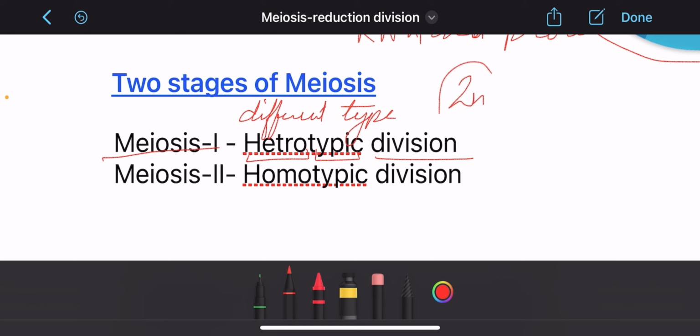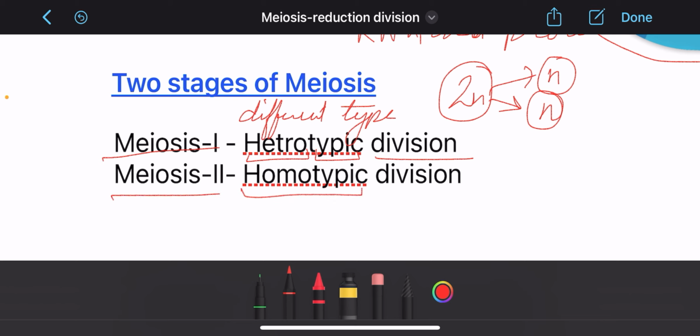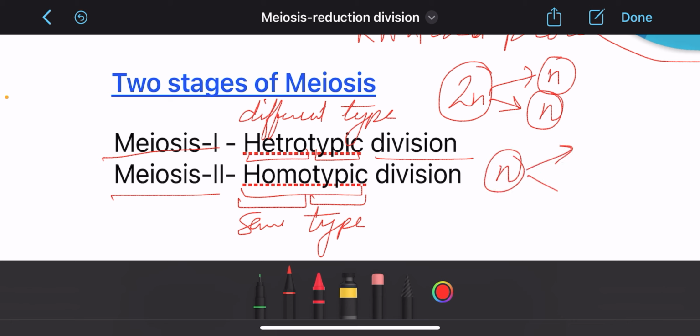That is, the 2n cell, the parent cell, will produce daughter cells with half the number of chromosomes, or a different number of chromosomes. Now meiosis II is known as homotypic division. Homo means same and typic means type. So the same types of cells produced due to cell division is called homotypic division, or meiosis II.